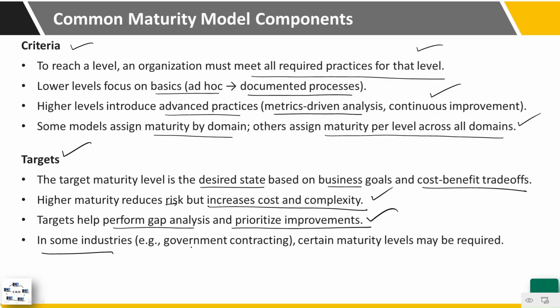In some industries, for example government contracting, certain maturity levels may be required by law. For example, a government may require that contractors have a certain level of maturity, let's suppose level 4, to be able to work with the government.